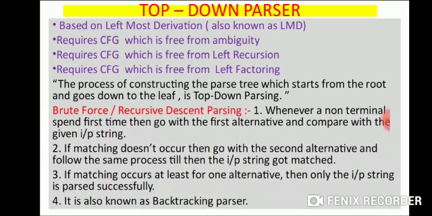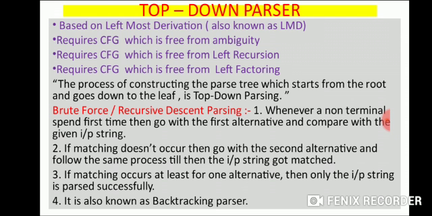Now come to brute force, or recursive descent parsers. Whenever a non-terminal is expanded for the first time, go with the first alternative and compare with the given input string. If matching doesn't occur, then go with the second alternative, and if again the matching doesn't occur, then go with the third one, and so on.